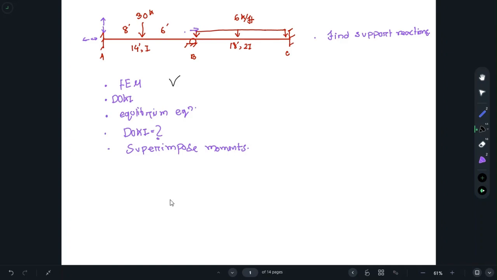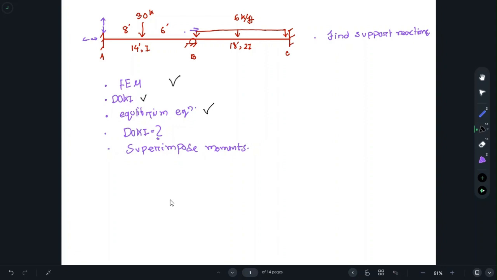First of all, we find the fixed end moments, using the loading that is given. Then we apply Doki. Here we apply Doki at point B because we can produce a rotation at point B, but we cannot produce any sort of Doki at point A or at point C. Then we make an equilibrium equation.